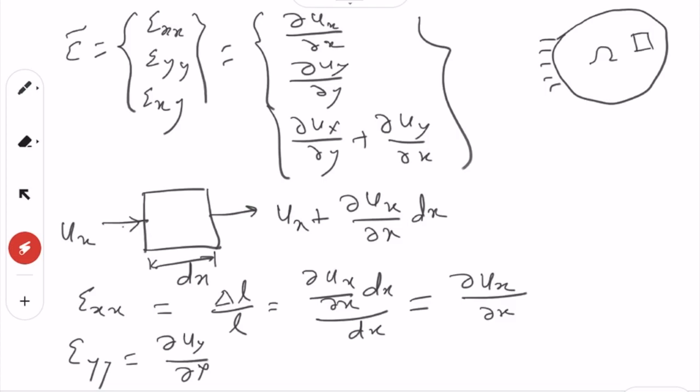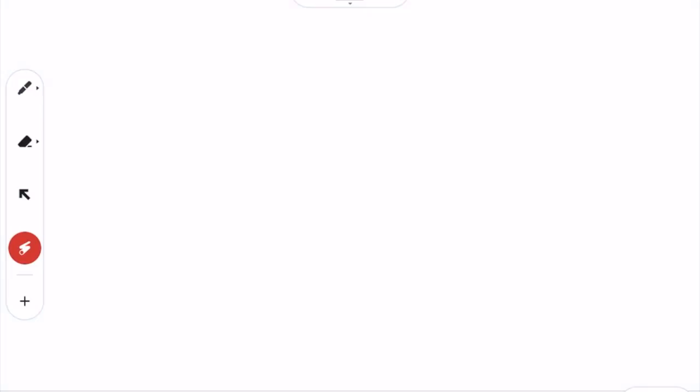Okay. So now the last one, epsilon xy. How do you find out this one? This comes from the shear strain.